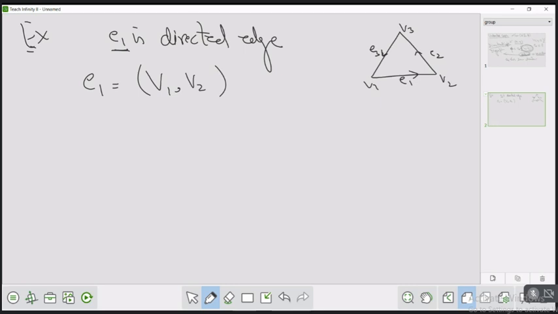In the diagram we will not write both end points. We just write that V1 is called the initial vertex for the edge E1, and V2 is called the final vertex, or terminal vertex.